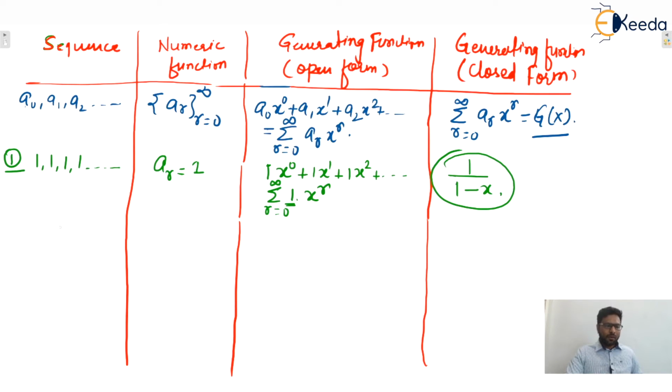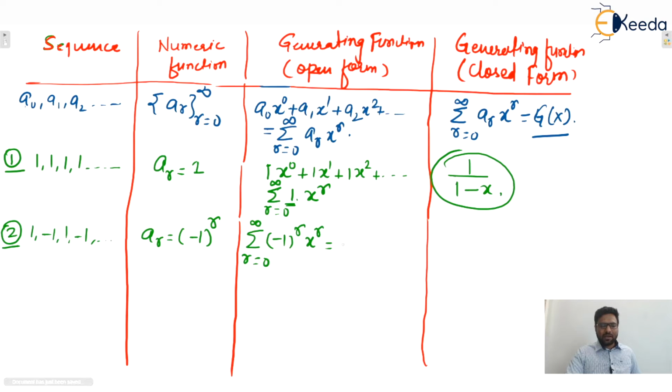Okay, write down the next one, the second one. Let's say now the sequence given to you is 1, minus 1, 1, minus 1 and so on, alternating plus minus signs. So what will be a_r? a_r will be minus 1 raised to power r, and this can be written as summation r 0 to infinity of minus 1 raised to power r into x raised to power r.